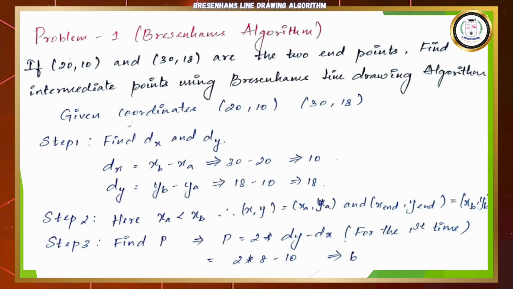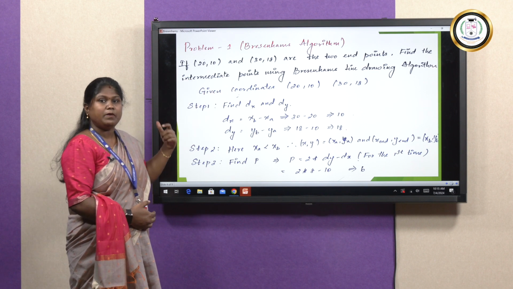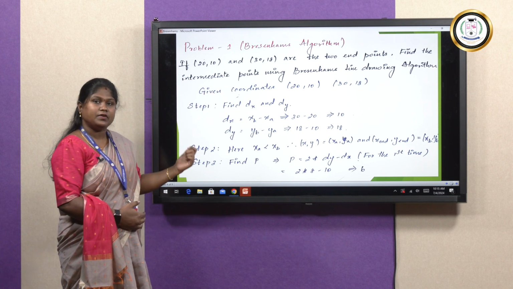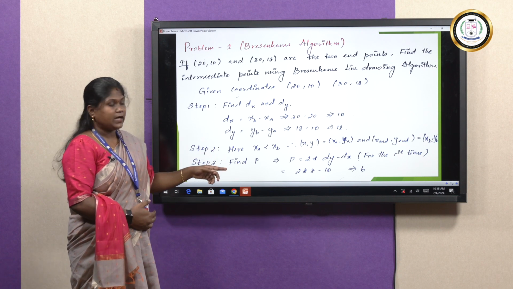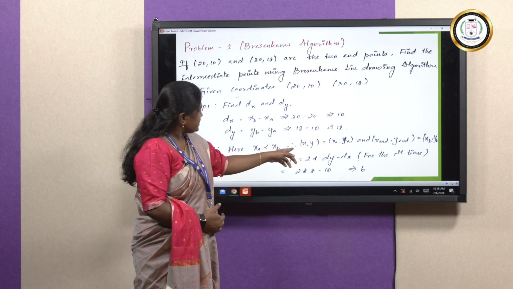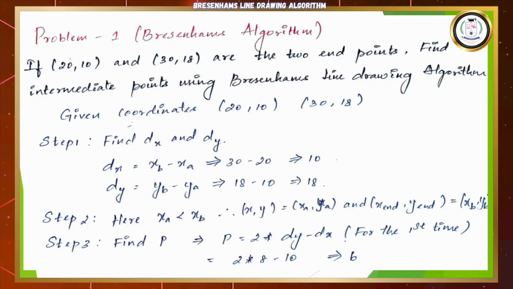The next step is to fix the smallest coordinate. As per our endpoints, for 20, 10, the 20 is less than 30. So we compare the x values and fix the initial value: 20, 10 will be the starting point. So x, y is equal to xa, ya, and the final endpoint is xb, yb as per the given numbers.